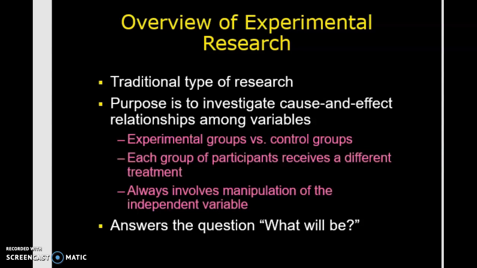having groups. In most experimental designs, you would have groups, usually two or more groups. There is what we call the treatment group, and then what we call the control group.